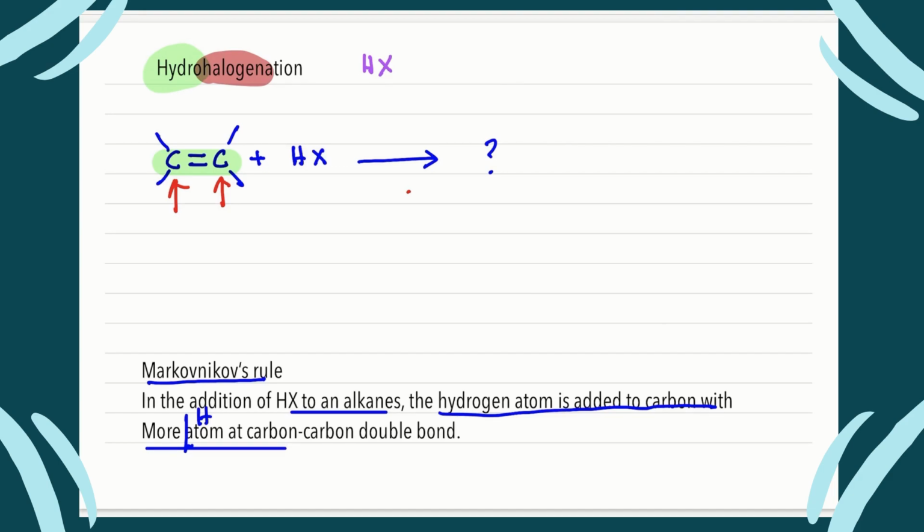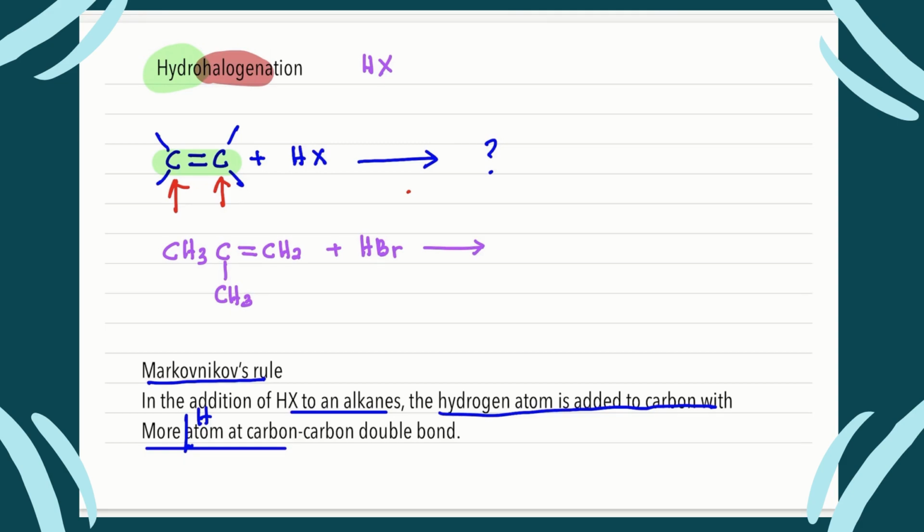The carbon with more hydrogen will attach with hydrogen. So let's say I give you one example. Let's say we have this. Okay, now not HX, HBr. Now we have an alkene that undergoes reaction with HBr, so we know that we must follow the Markovnikov rule.